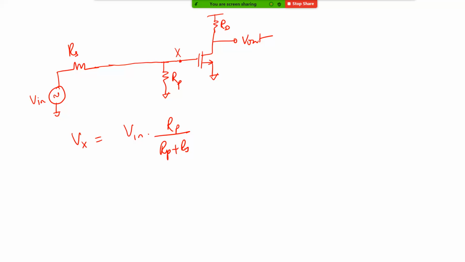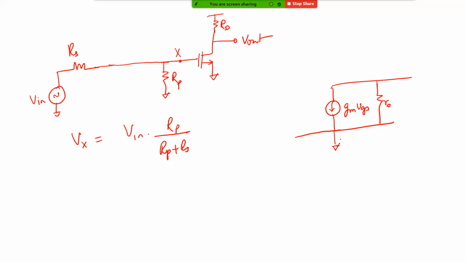Now what is the gain of this system? So let us draw the small signal equivalent circuit. We have a dependent current source, Gm times Vgs. Let me just draw R0, and anyway we will take care of this. So this is the source node. The source is connected to ground, right?